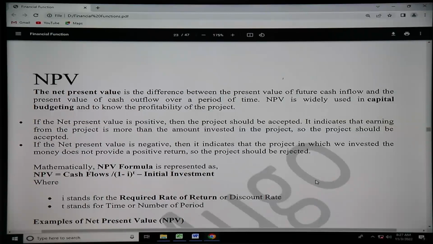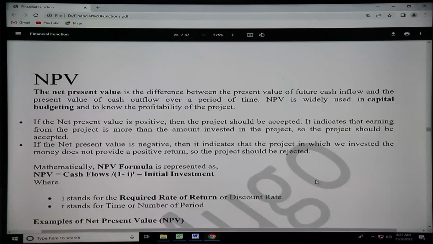The net present value is the difference between the present value of future cash inflow and the present value of the cash outflow over a period of time. The net present value is widely used in capital budgeting. So that is a topic we'll have after this. Once we discuss the net present value and internal rate of return, we will discuss capital budgeting.